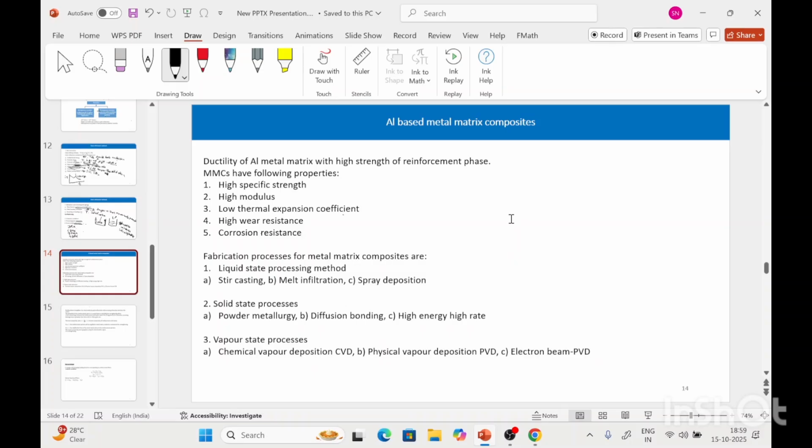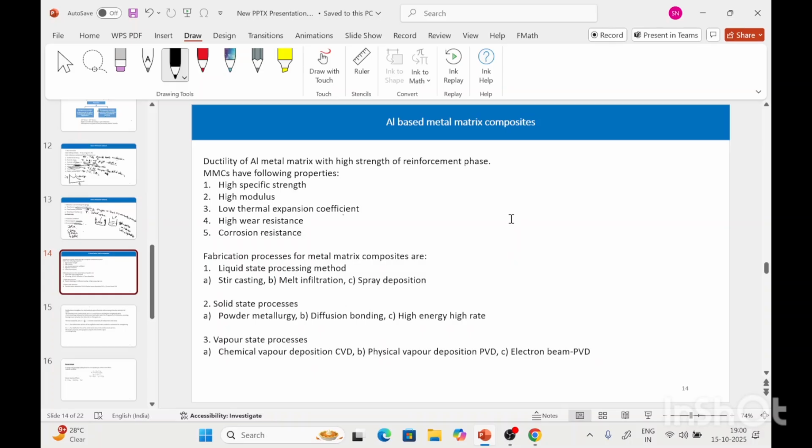So how can we make these metal matrix composites from the aluminum alloy and different reinforcement, whether it is long fiber, short fiber, particulate, dispersed particulate, or discontinuous reinforced metal matrix composites? There are three state processing methods for the fabrication of these aluminum-based metal matrix composites.